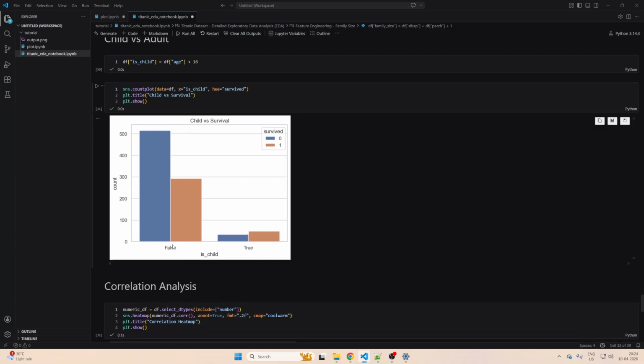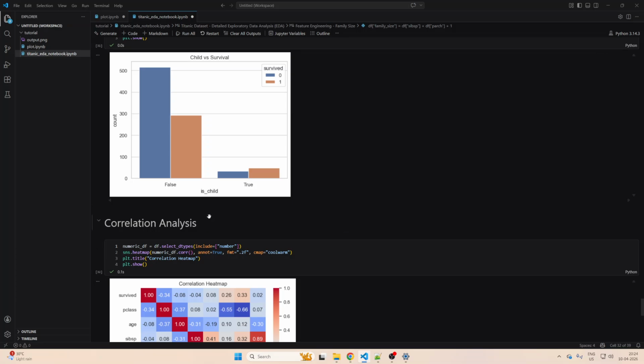So here also, like we have seen, women and children were given higher preference during lifeboat boarding, like protection was given towards the lifeboat. We can clearly see that over here.